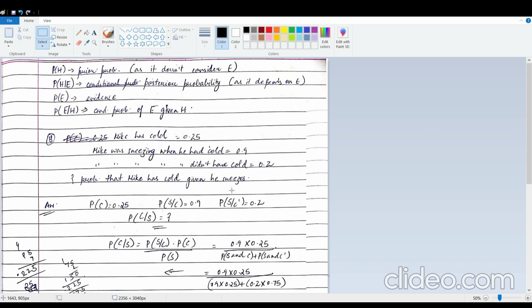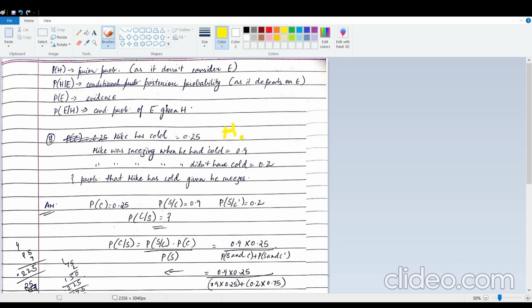Evidence is something that is present before we come to a conclusion. I told you that hypothesis is the conclusion, so evidence should happen before our hypothesis. If you look at this entire scenario, sneezing is something that should happen before one realizes that someone has cold. So from this, what I can say is that cold should be my hypothesis. This should be my hypothesis.